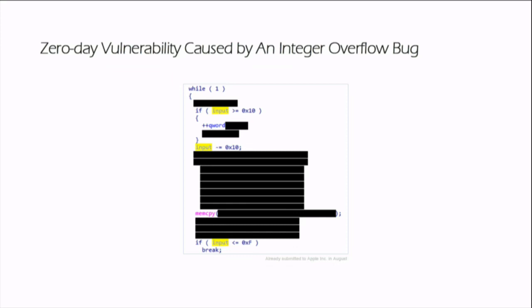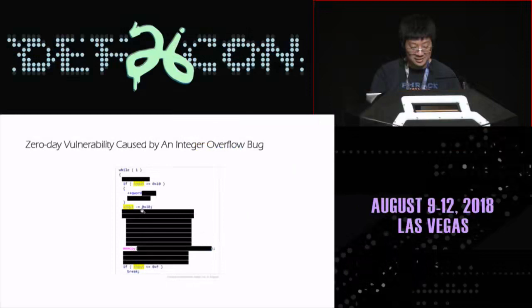Yeah, the problem comes from this subtraction operation. If the input buffer length is greater than 10, this code is fine. But if the buffer size passed in is less than 10, you can see here less than 10, this subtraction will cause an integer overflow.